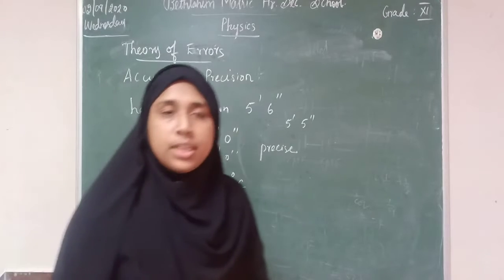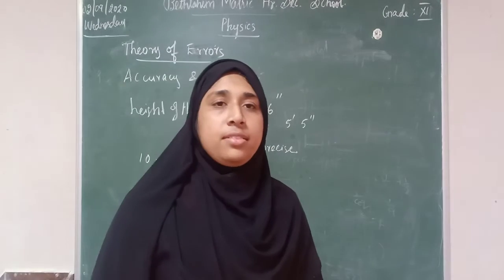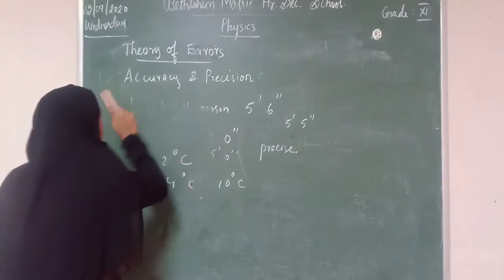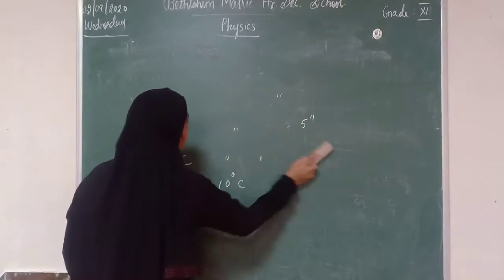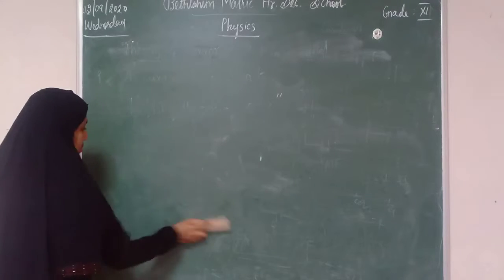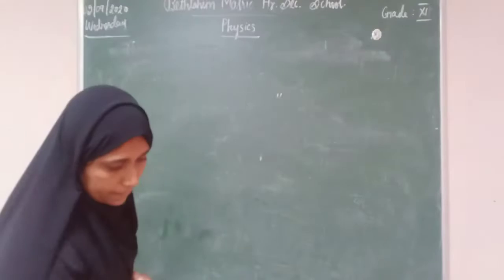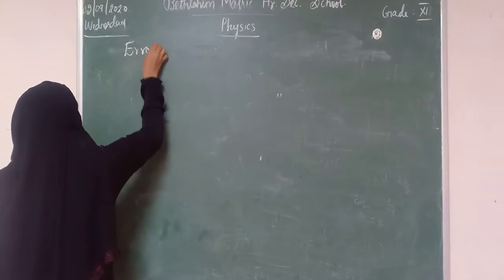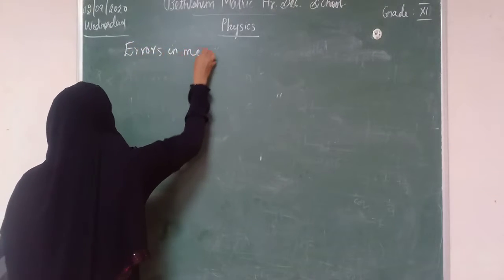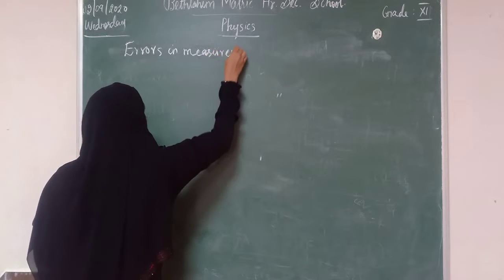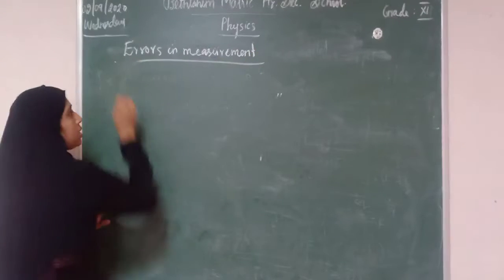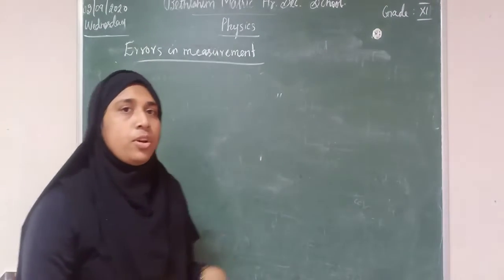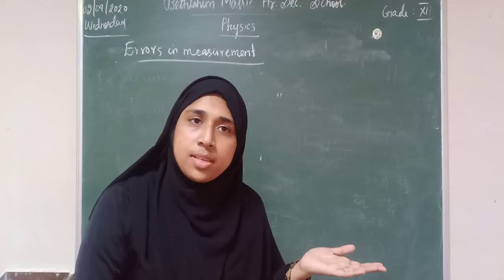Now we are going to learn the concept of error. Types of errors in measurement. Uncertainty in measurement is known as error.